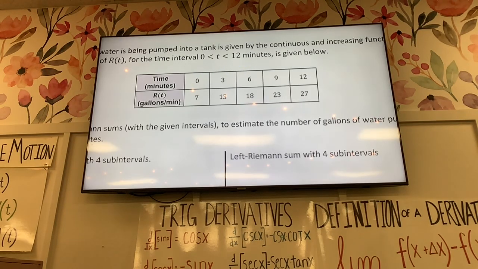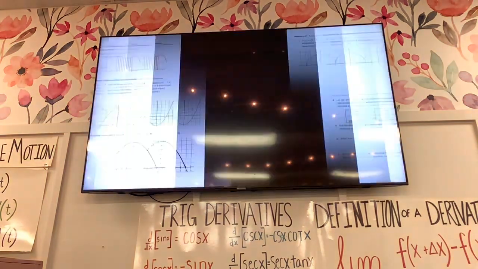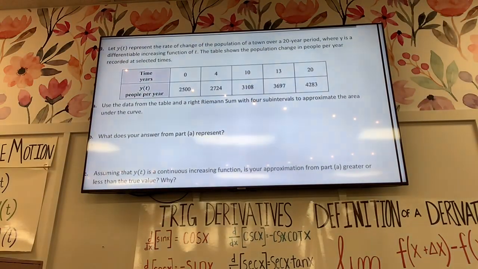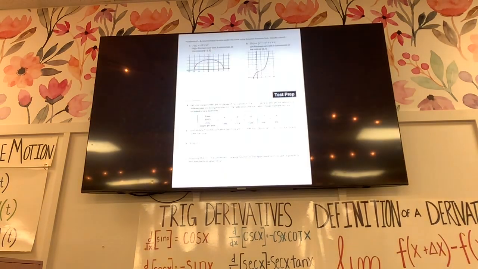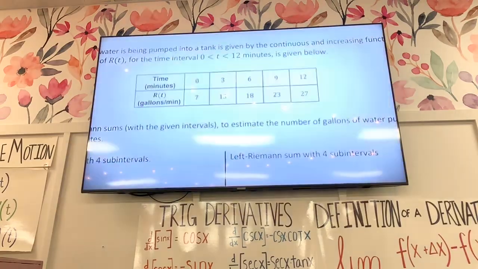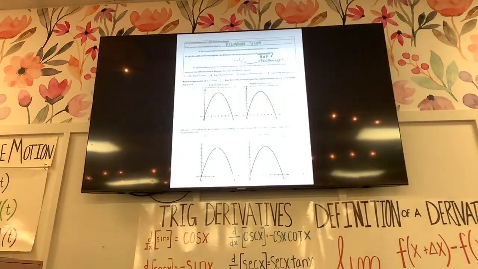So if you look at your homework, on this one, what would be the width from 0 to 4? 4. What about from 4 to 10? 6. So your widths are changing. You have to watch out if you're given a table of values, your widths are not always going to be the exact same. So you can only approximate with the information that's given.